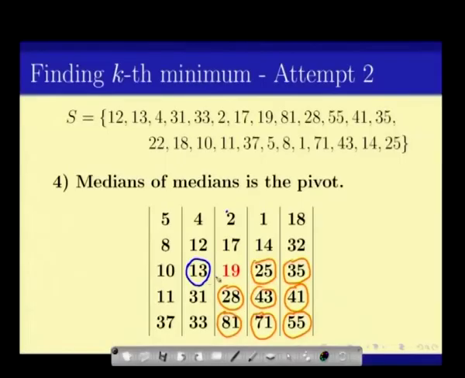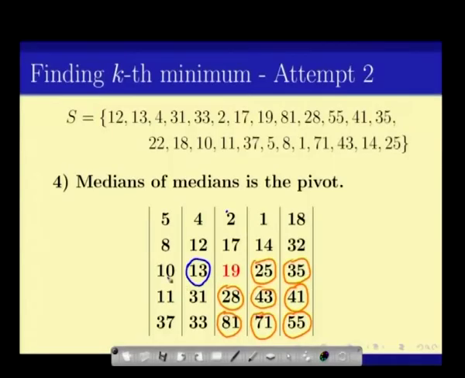Since 19 is acting like a pivot in some respect. Just like that, we can see that 13 is smaller than 19, because we had sorted this median row, and so 13 was before 19, so 13 is less than 19, and similarly 10 is less than 13 is less than 19.